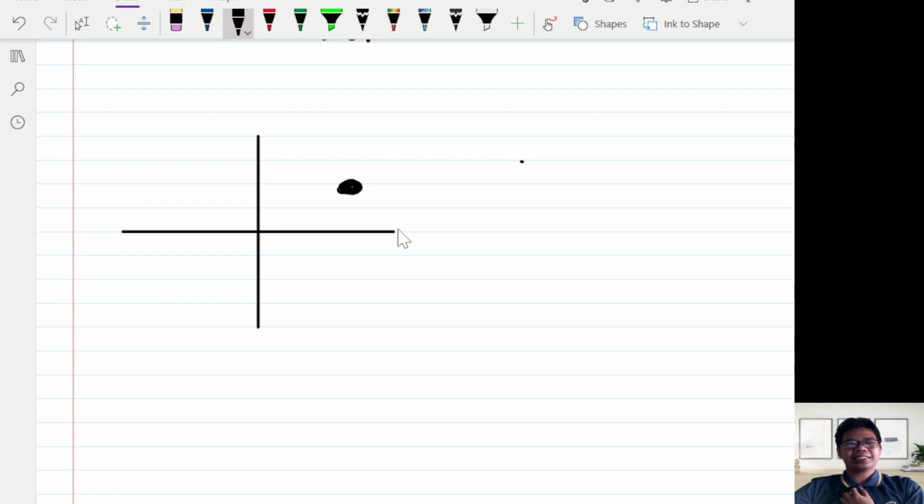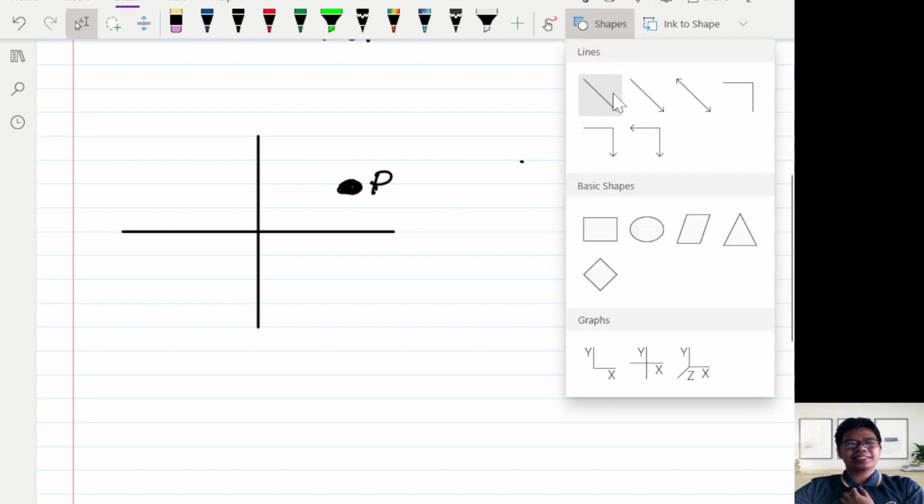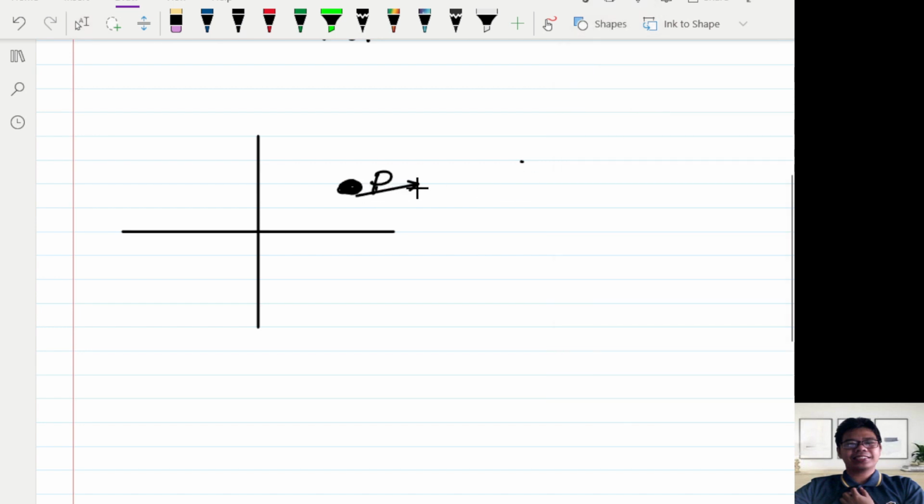Let's name it point P. So we can describe this by assigning the variable x for the horizontal position and y for the vertical position. So these x and y are the degrees of freedom. In total, a point has 2 degrees of freedom.